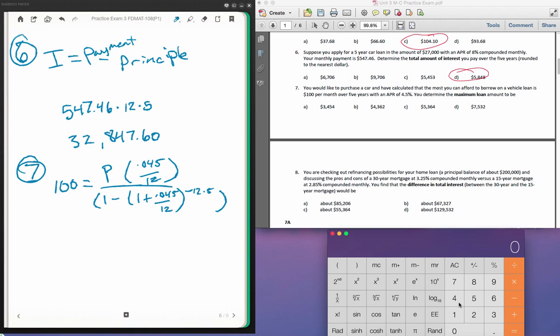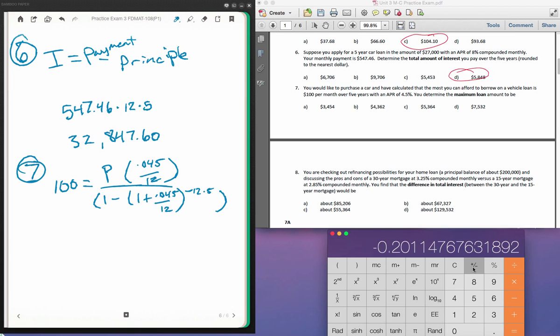Now 12 times 5 is 60, so I'm just going to remember that and go 0.045 divided by 12, add 1, raise it to the power of negative 60, and now I'm going to subtract 1 from that.